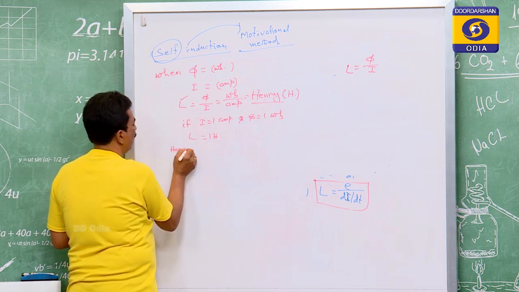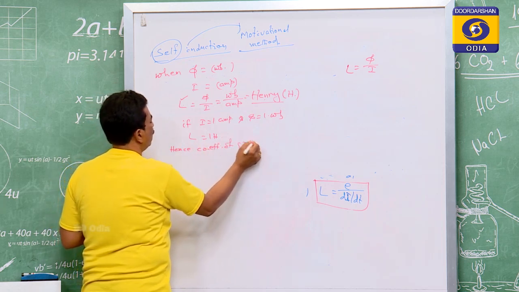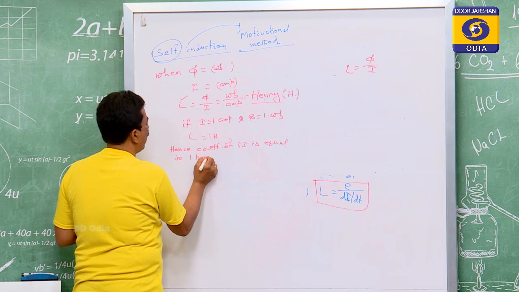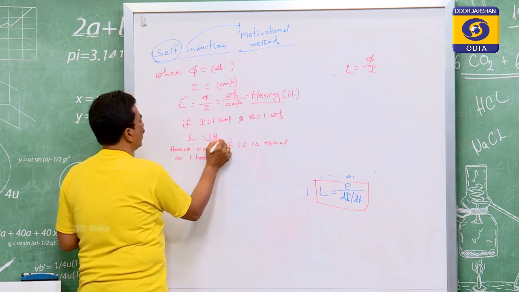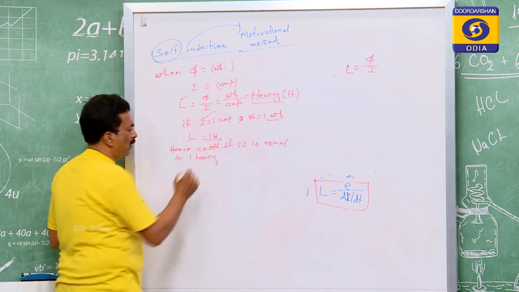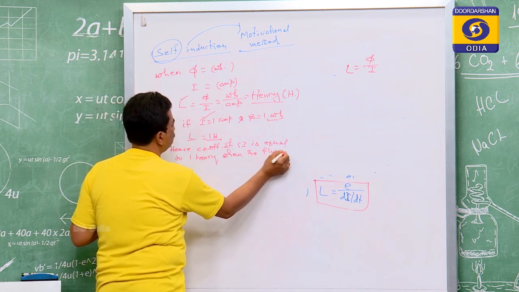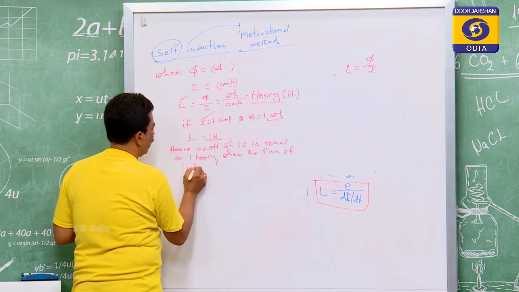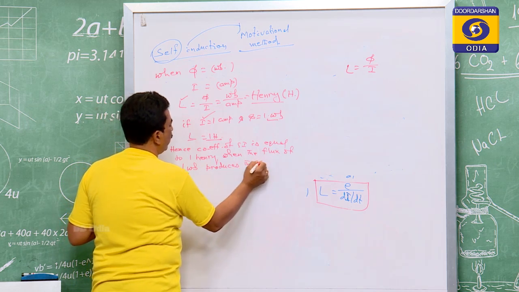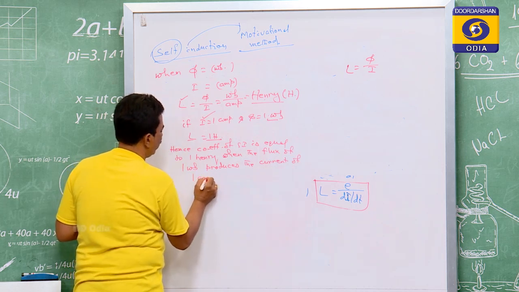Hence, the coefficient of self-induction is 1 Henry, meaning L is equal to 1 Henry, when a flux of 1 Weber produces a current of 1 ampere.